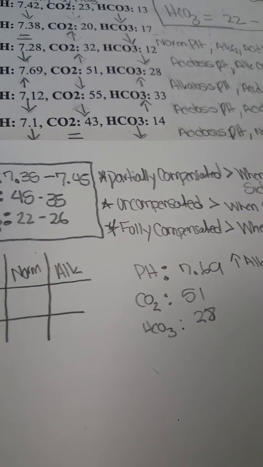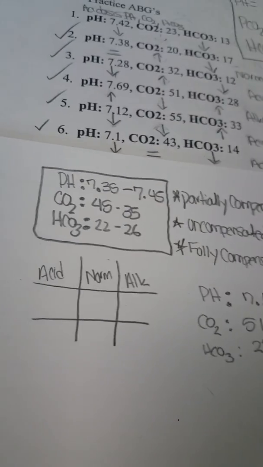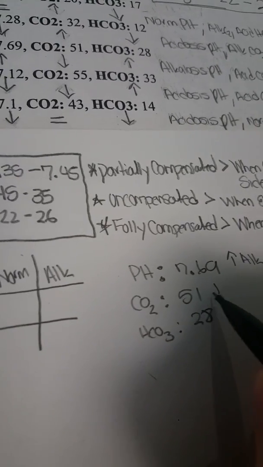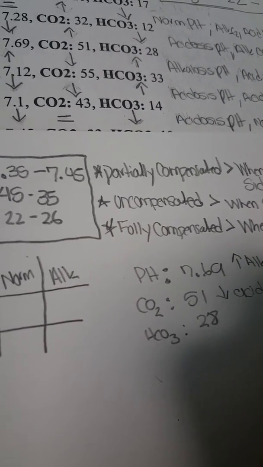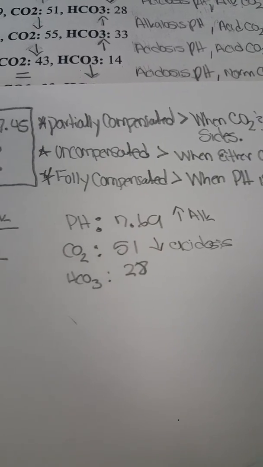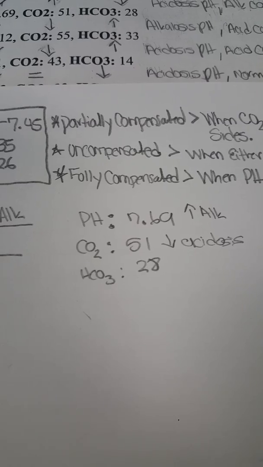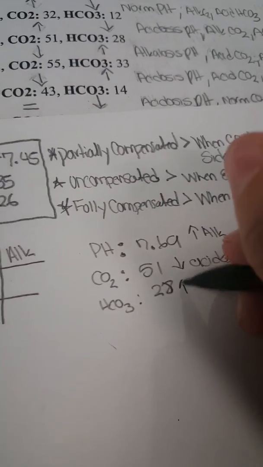Then the respiratory is 51, so it's above 45, which would be acidosis in this case, because we've switched the numbers around. Then for the CO3, the metabolic is 28, which is above, so that makes it alkalosis.